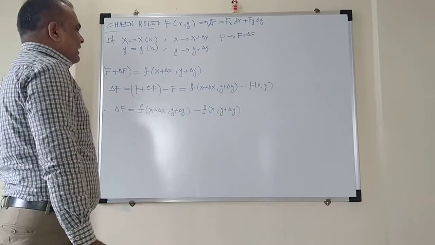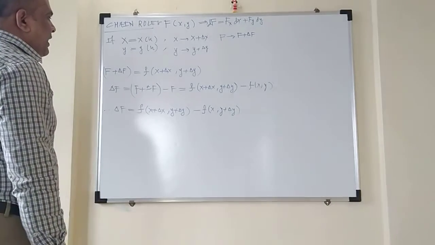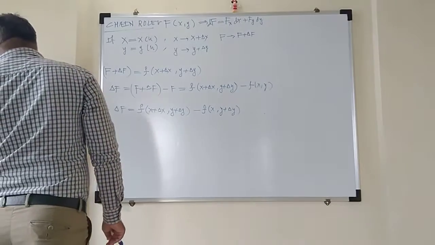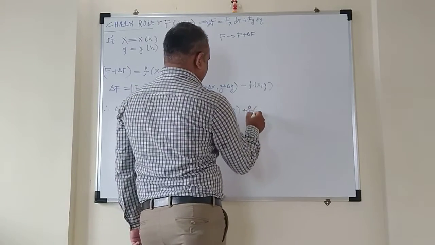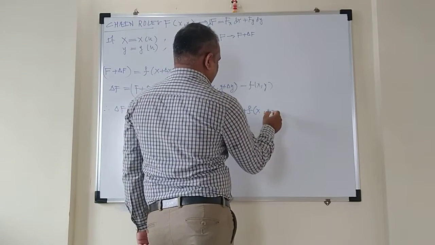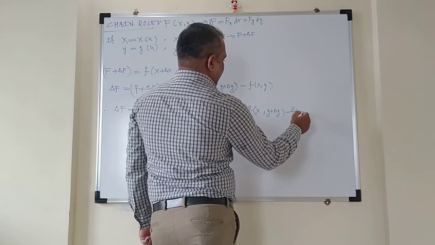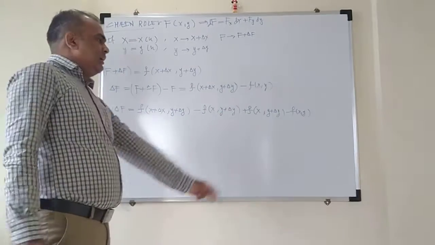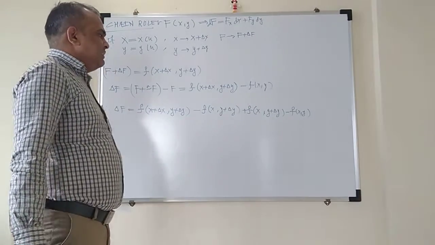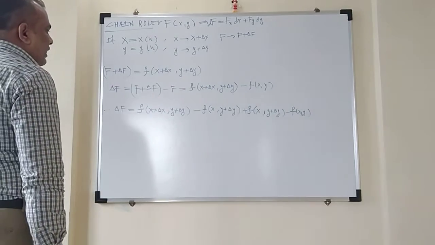That means I am subtracting this term, minus f of x, y plus delta y, and adding the same term, so plus f of x, y plus delta y, minus f of x, y. So that the original equation will remain the same. These two terms, added and subtracted, get cancelled with each other, isn't it?